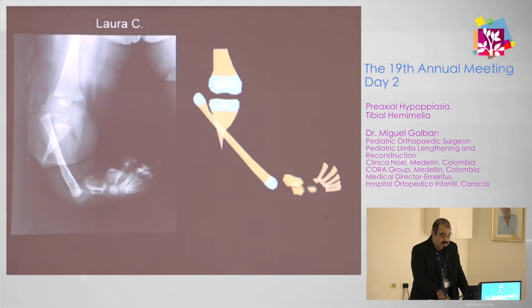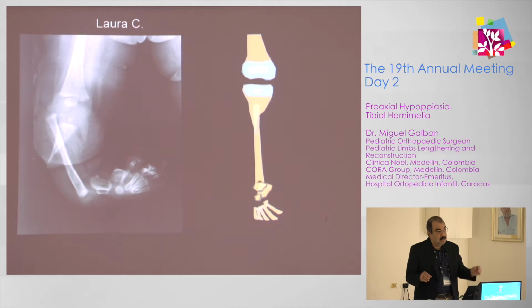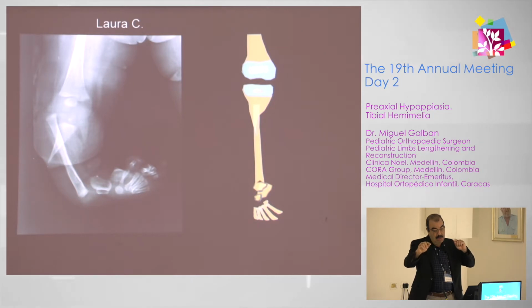So my solution was I did a lateral incision of the femur, and the incision went to the anterior part of the tibia. I separated the peroneal nerve and all the vessels, and took out the head of the tibia.